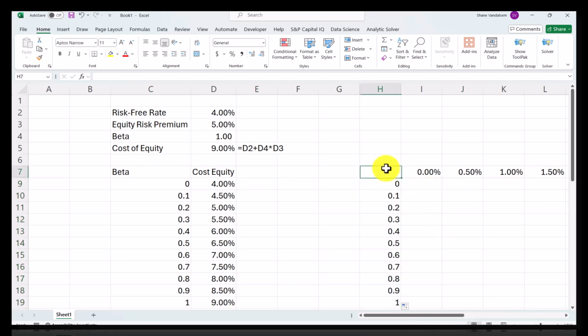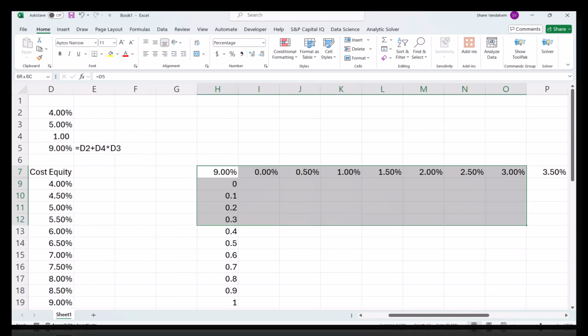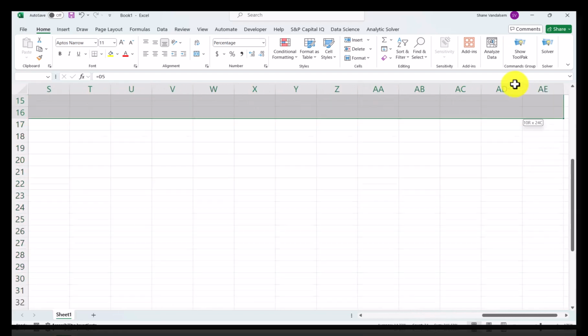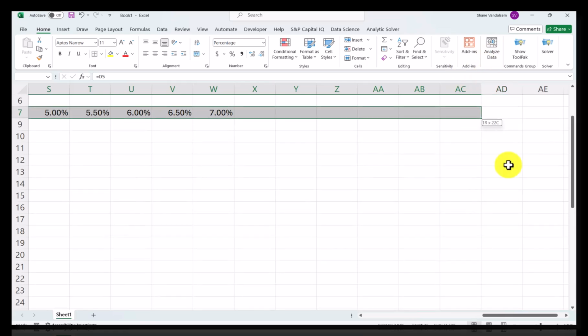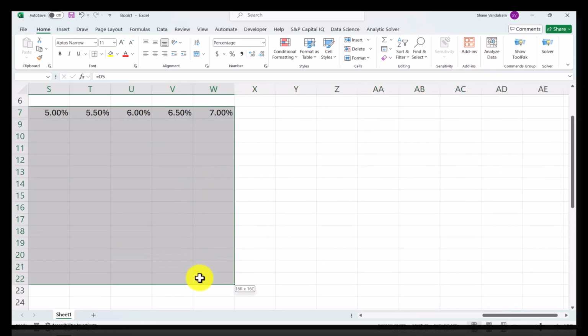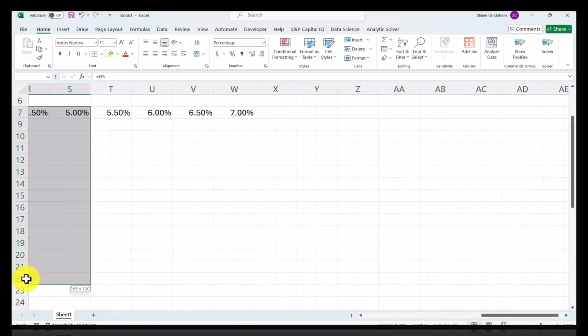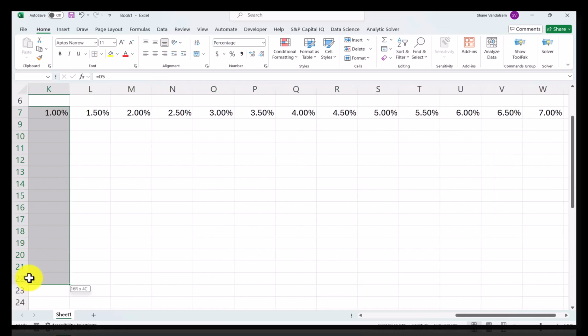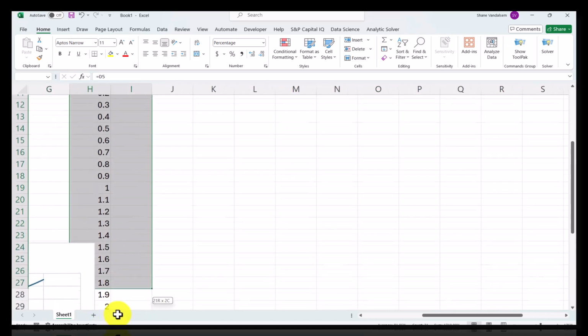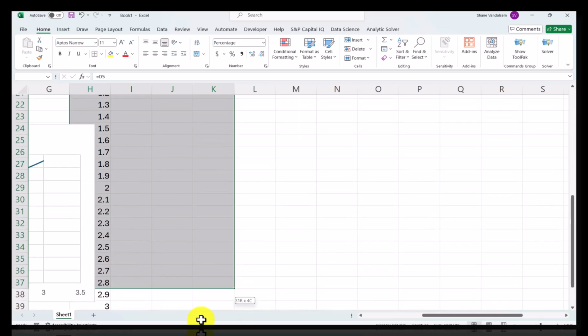So now with this table, I'm going to set the value in H7 equal to my cost of equity over here. Okay. And now I'm going to highlight the entire table here, starting with that cost of equity value, and then going down to the 3 for the beta.